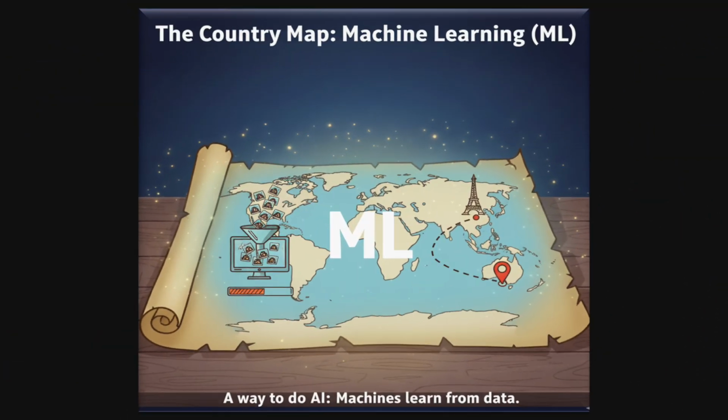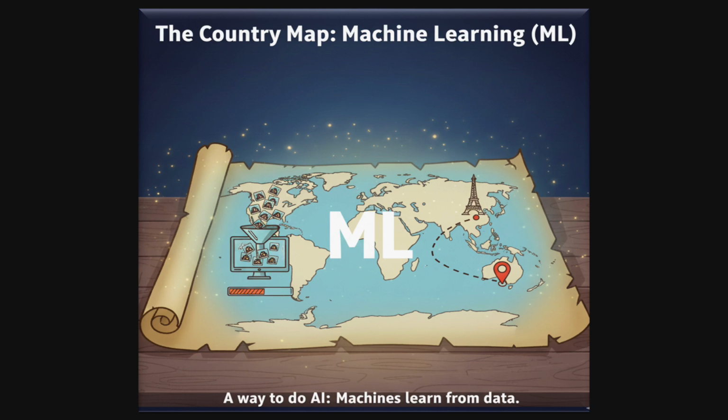The country map: machine learning, ML. Now let's zoom in on our world map. Inside one continent, we find our next map, a detailed map of a single country called machine learning, ML. This is a specific way to achieve AI. Instead of programming a machine with a giant list of rules for every road, we do something much smarter.